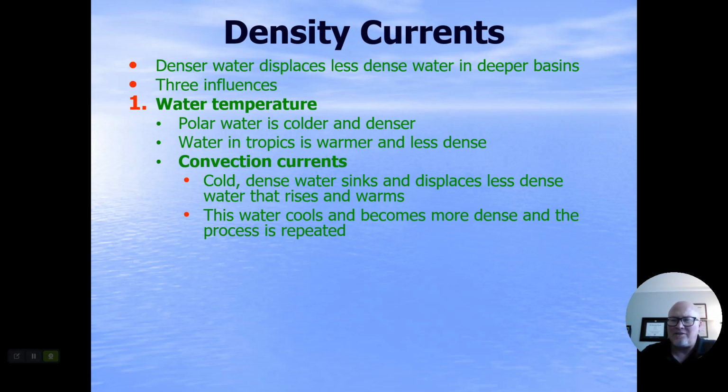Add that in with the fact that the Earth is constantly spinning, and so we end up with moving currents. The currents are actually affected by what's called the Coriolis effect, and mostly we talk about that with winds, but it also affects the currents in the ocean. So you're going to end up with currents moving either towards the east or towards the west as a result of this major convection that's happening.